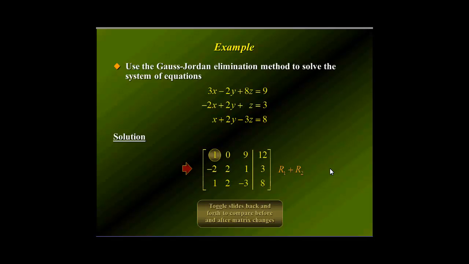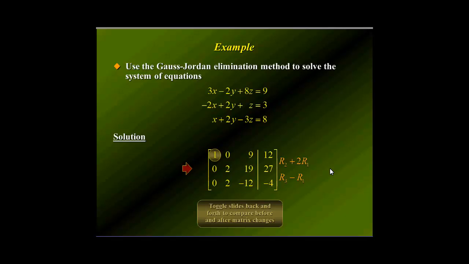So next we apply R2 plus 2 times R1, then row 2 will be 0. I also want row 3 to be 0. So I will subtract row 1 from row 3, then it will be 0. So this completes our first aim.